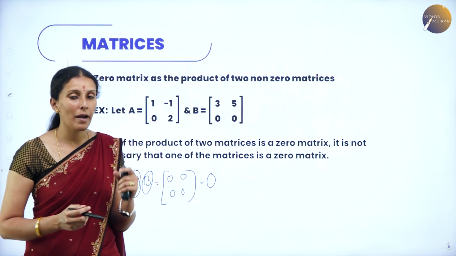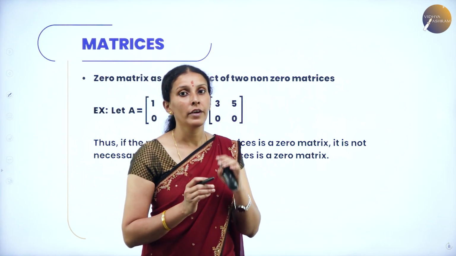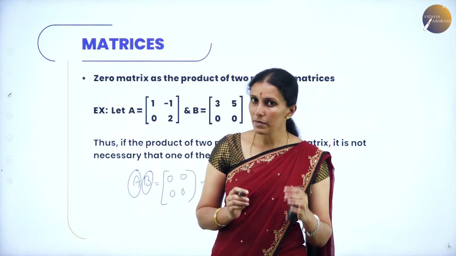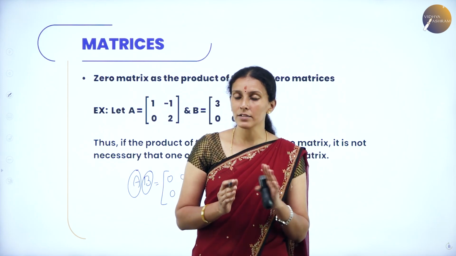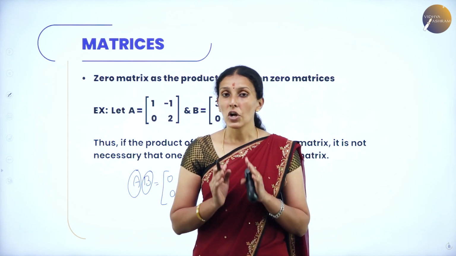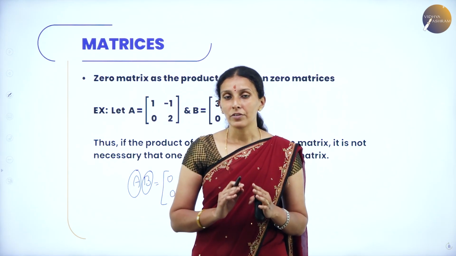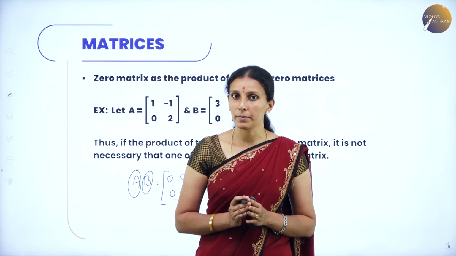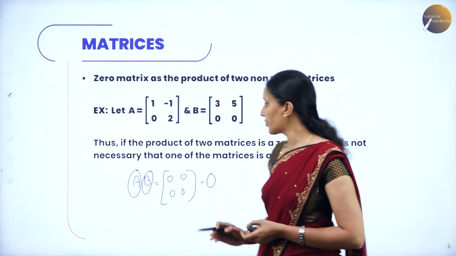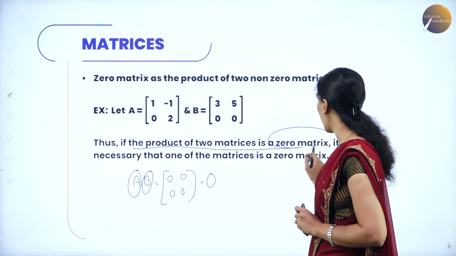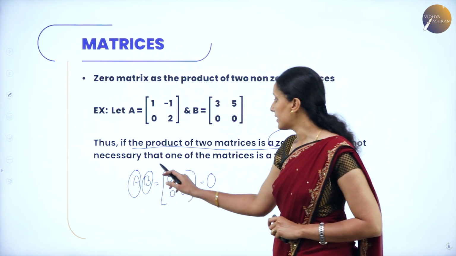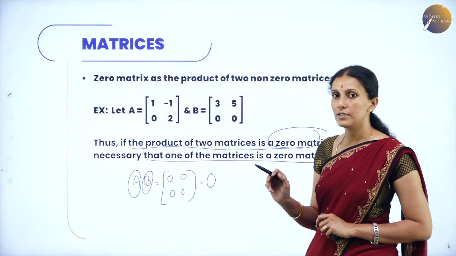That is, the product AB can be zero, or the product of any two matrices can become a null matrix even though A is non-zero as well as B is a non-zero matrix. It is not necessary that one of the matrices or both matrices must be a null matrix. So this is what it says: the product of two matrices is a zero matrix, but it is not necessary that one of the matrices is a zero matrix.